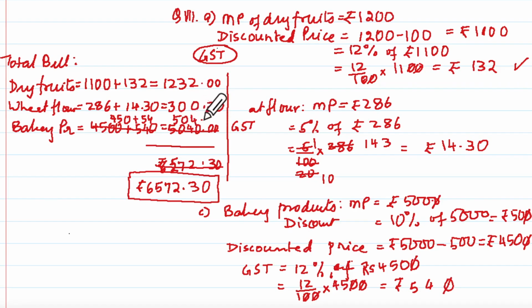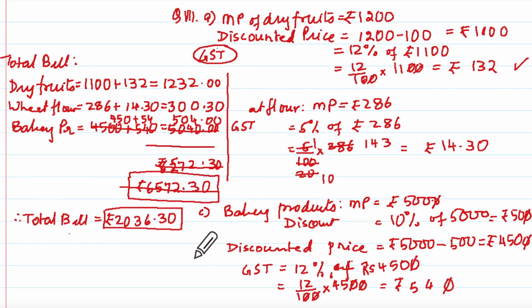Correct? Yes. So this is cancelled. And what do you get? Therefore, total bill equal to, now least you can do is just add it up and tell me the number. Why would you not add also properly?